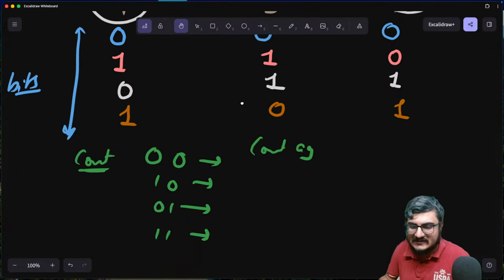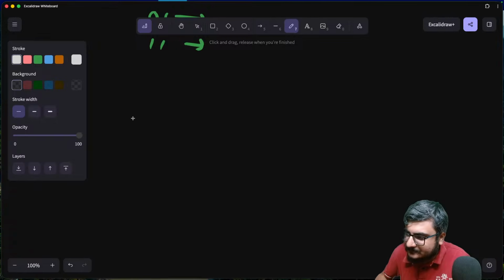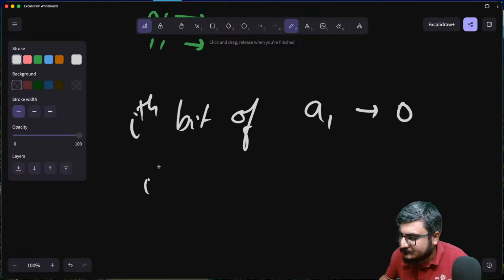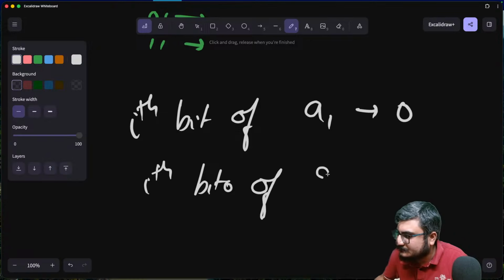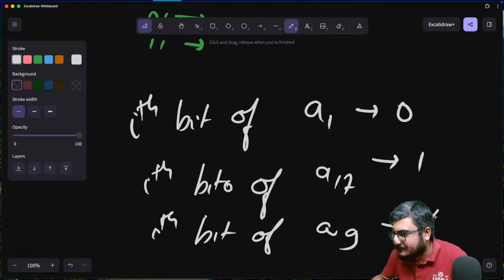My main idea is, if I know that the ith bit of A1 is 0, the ith bit of A17 is 1, then I can find that the ith bit of A9 is 1, which would be the XOR of these two.